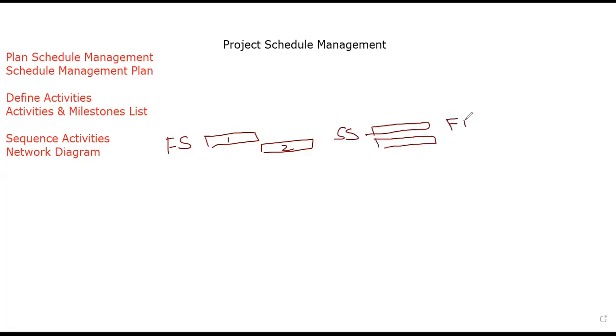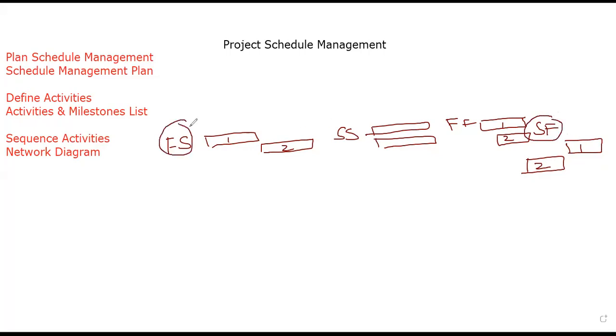Or finish to finish, which means they can start any time, but they will finish at the same time. And the most rarely used is start to finish. What happens in start to finish? It can be started at any time, but it will only finish when the second activity starts. So that is a start to finish relationship, and it is rarely used, while finish to start is the most commonly used relationship.